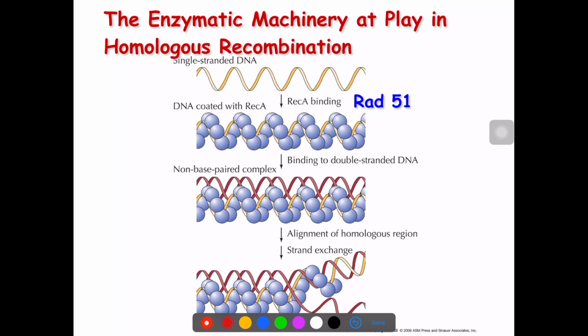Now, the main enzymatic player that you need to be aware of here in this process is the protein that drives the invasion of the double-stranded DNA molecule by the single-stranded segment that has been produced, and that protein is RAD51. That's the protein in humans. The bacterial homologue for RAD51 is RecA.